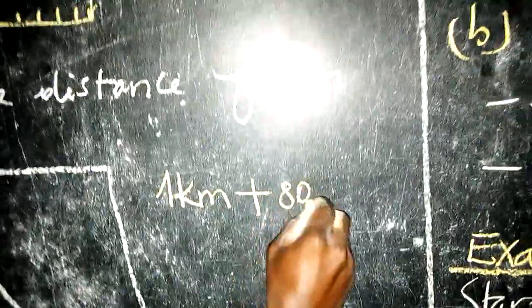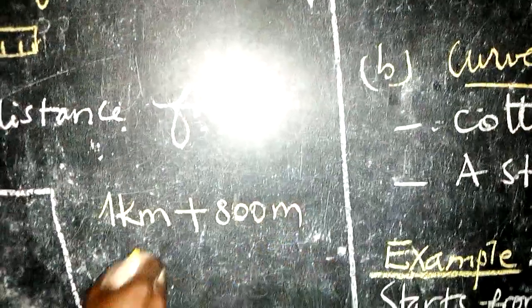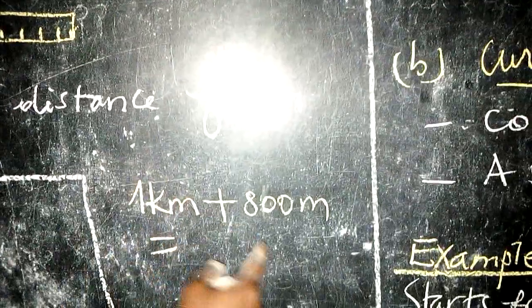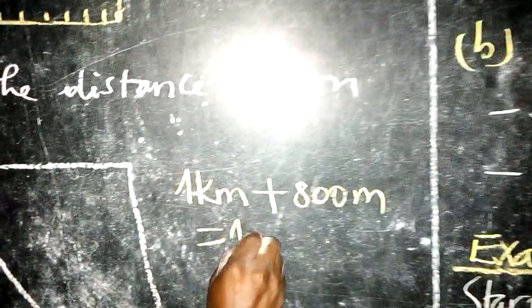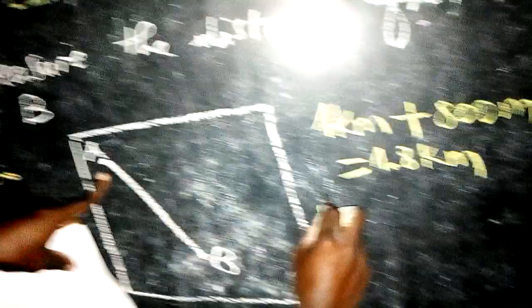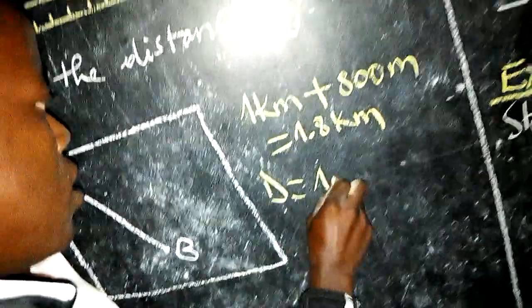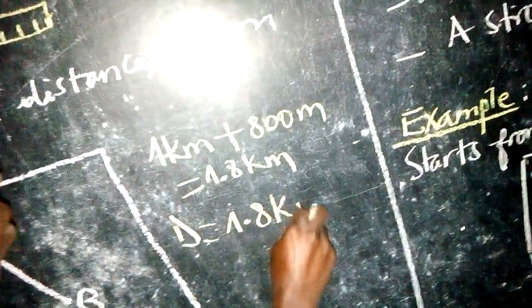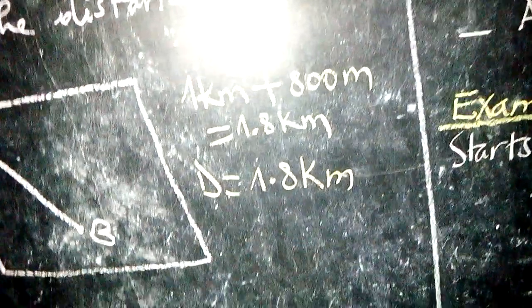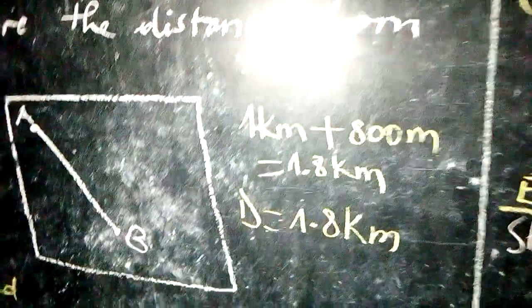It means we have 1 kilometer plus 800 meters, which gives 1.8 kilometers. Meaning the distance from point A to B is equal to 1.8 kilometers. I think it is very clear and easy to understand how to measure the distance of a straight line.